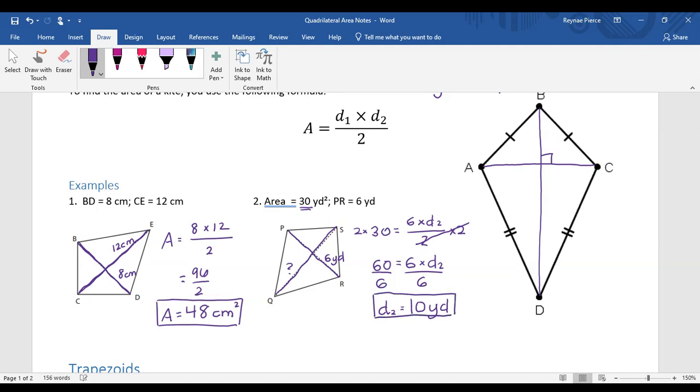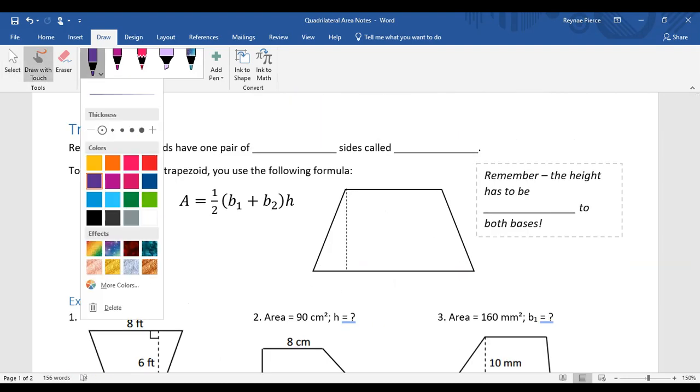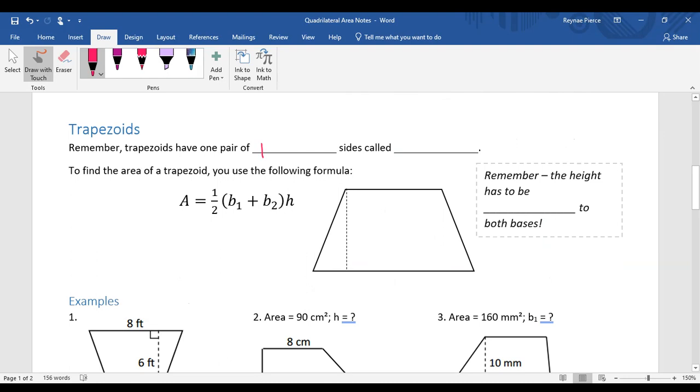Okay, so if your answer is an area, it's units squared. If it's just one side or one part, it's just regular units. Okay, next is trapezoids. Trapezoids have one pair of parallel sides, and those parallel sides are called the bases. So in this picture here, we've got base 1, base 2.